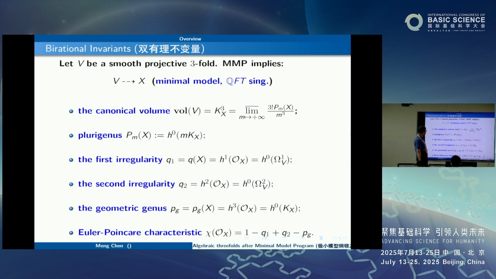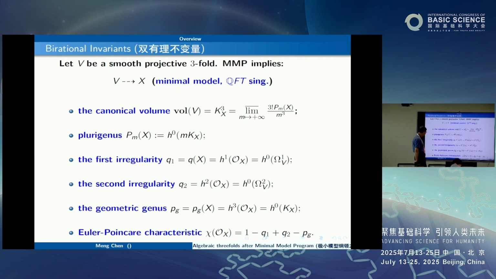If X is minimal, then it's easy to define the canonical volume. It's just a self-intersection number. This is usually a rational number. And plurigenus, of course, is a birational invariant for any positive integer m. You just consider the dimension of this group, h^0 of mK.